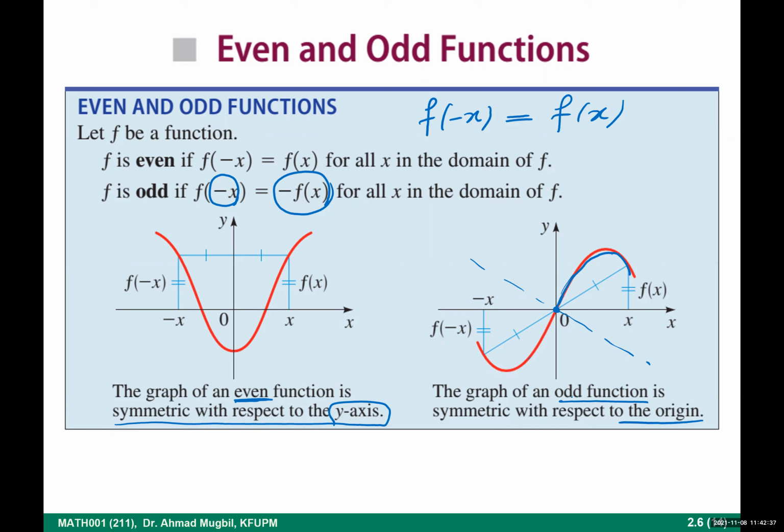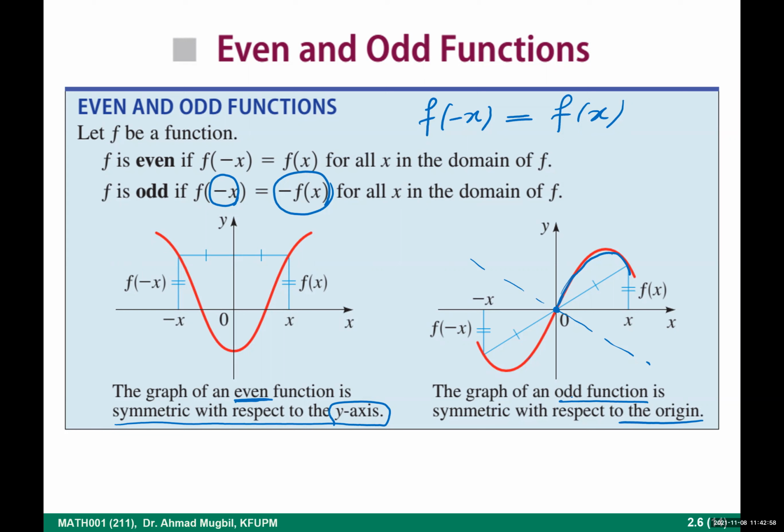What about graphs that are symmetric about the x-axis? If you have a graph that is symmetric about the x-axis, it is not odd or even. I think it's not a function. Abdurrahman, you're right. It is not a function.